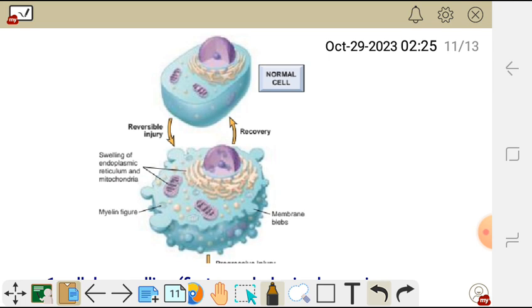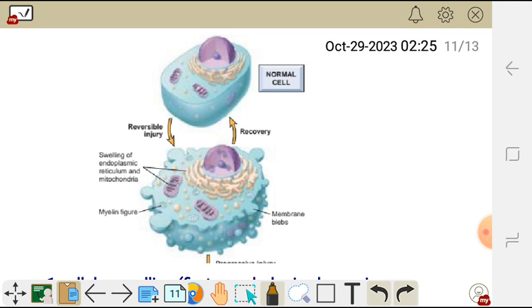So the membrane blebs, which I mentioned earlier, are simply protrusions. On this diagram here, this is a normal cell, then it was stressed and it became reversibly injured. Once it was injured, we saw there was the accumulation of water. Then that accumulation of water caused the formation of membrane blebs.